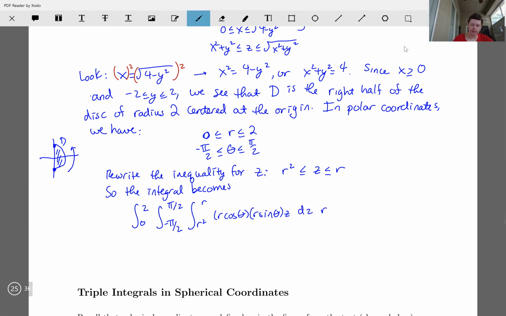So it's going to give me the r, and then I'm integrating with respect to z first, theta second, and r third, or simplifying that, the limits don't change. That gives me zr cubed cosine theta sine theta dz d theta dr.